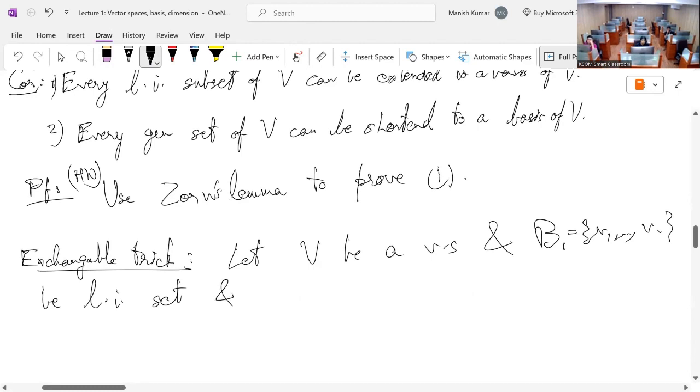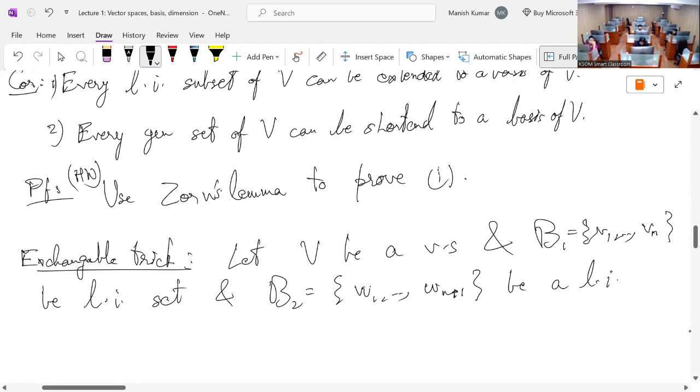Let B1 be a linearly independent set of size n, and B2, W1 to Wn plus one, be a linearly independent set consisting of more than n elements, say n plus one elements. Then the conclusion is there exists one Wi such that B1 union that Wi is also a linearly independent set.